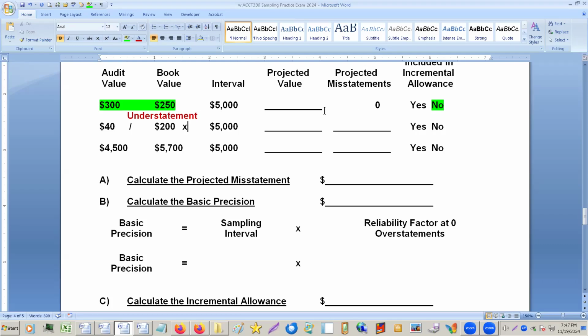Okay, so the projected value for this interval is $1,000. So the projected misstatement is the rest of it. So 5,000, 1,000 of it is, so was that misstated by 4,000? And this one's well behaved, so this one will be a yes.